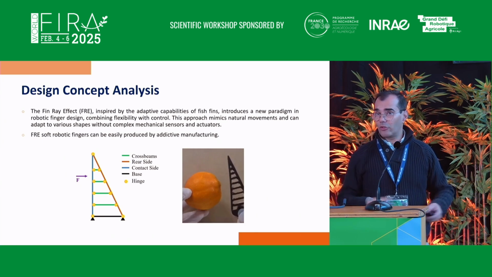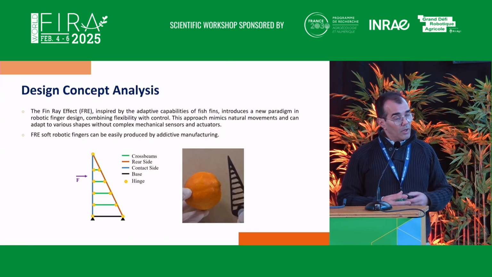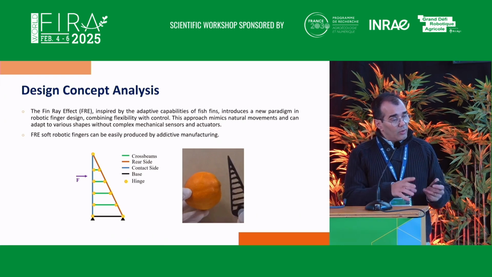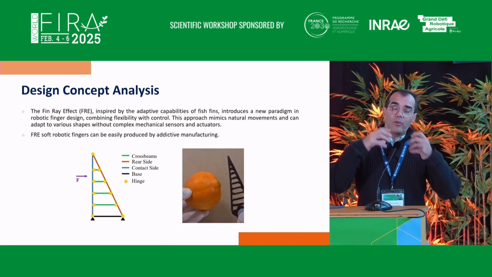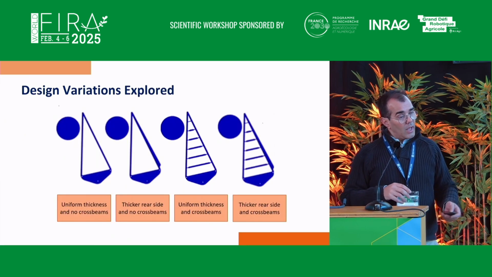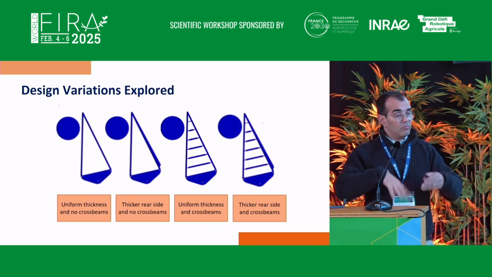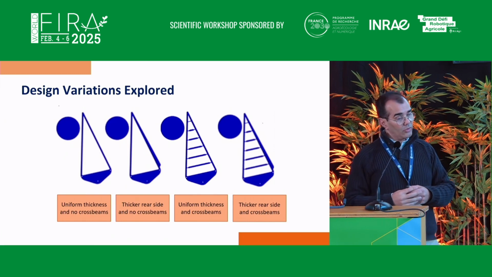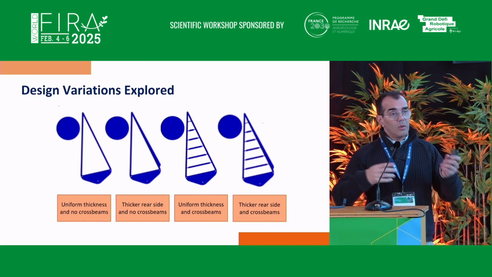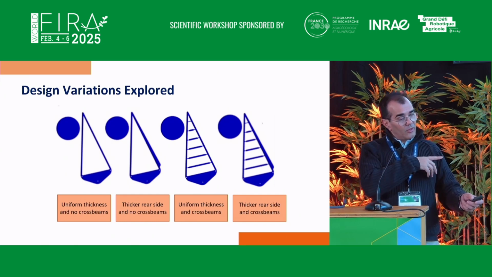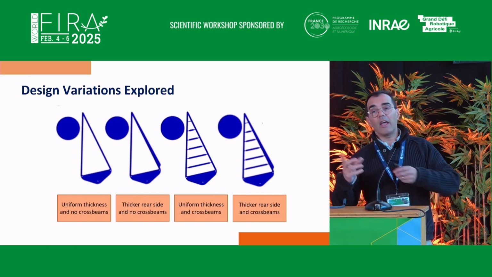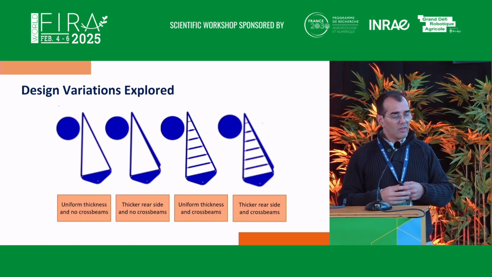The first thing is, how have we designed it? You find in literature several solutions based on this. This is a fin ray effect gripper. With this structure, with several cross beams and a rear side and a contact side, you are able to envelop the whole product. What we have done is to explore some design variations: uniform thickness but without cross beams, a thicker rear side and no cross beams, and mixing all of this.